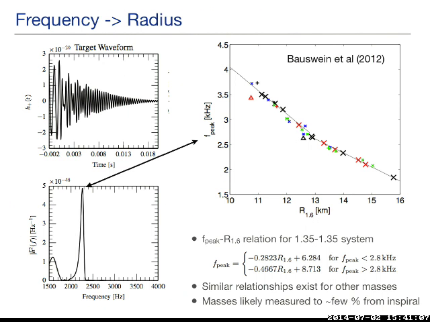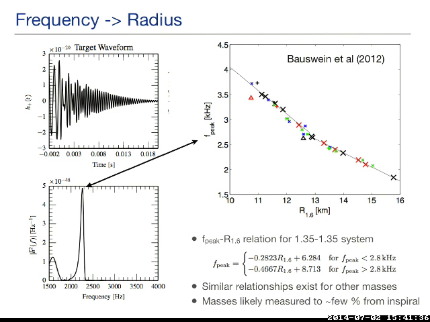So as we heard yesterday morning, Andy and various people have spotted that there are these nice relationships between the dominant post-merger peak frequency and the characteristics of various fiducial stars. This shows the relationship between the measured F peak and the radius of a 1.6 solar mass non-rotating cold reference star.